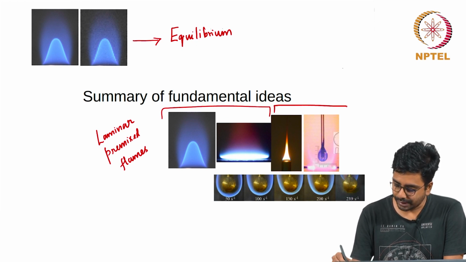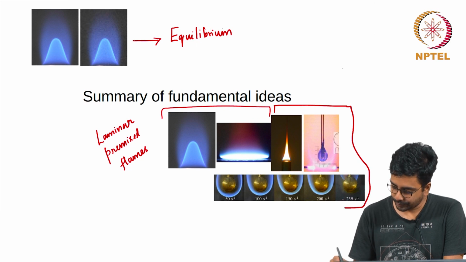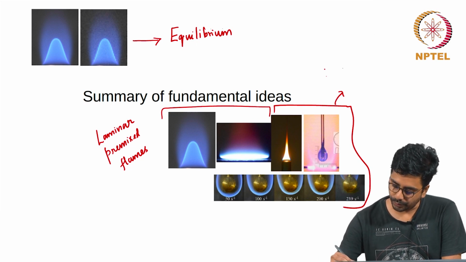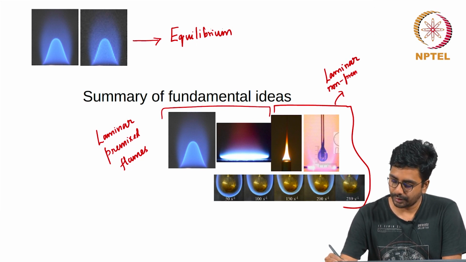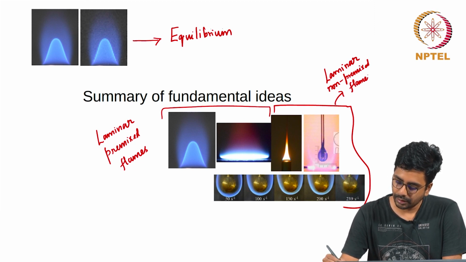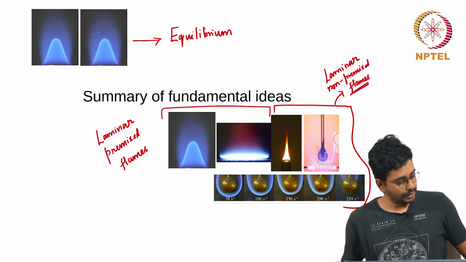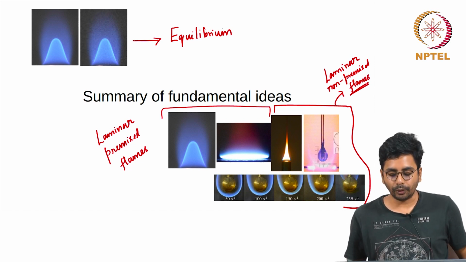These two plus the picture at the bottom were used to bring out key ideas about laminar non-premixed flames. Okay. I will use the same pictures in the following slides to bring out the key ideas.